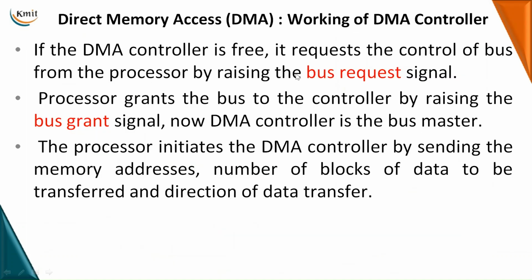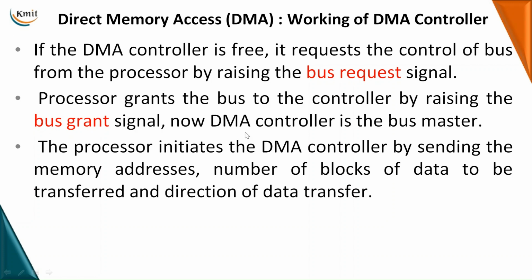Once the DMA controller is free, it will request control of the bus from the processor by raising the bus request signal, and the processor will grant the bus to the DMA controller by raising the bus grant signal.